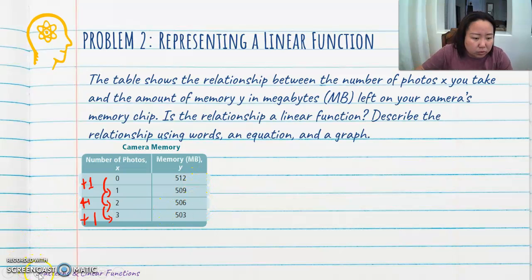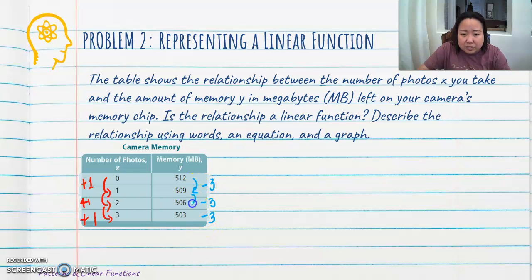So let me switch colors here. Now let's take a look. From 512, it became 509. What changed here? From 512 to 509, we actually subtracted by 3. Okay? 509 to 506, again, another -3. 506 to 503, still a -3.